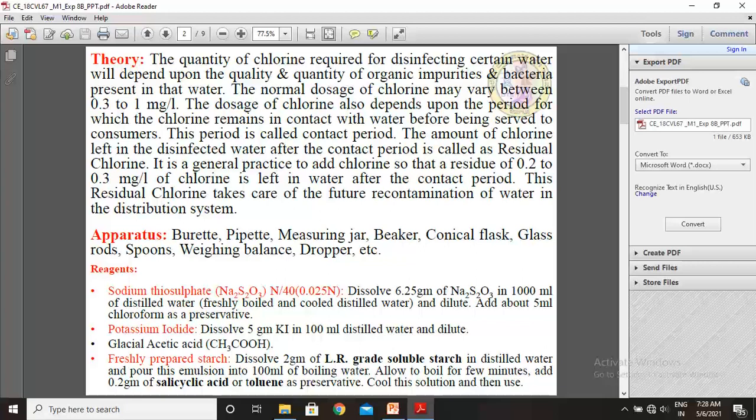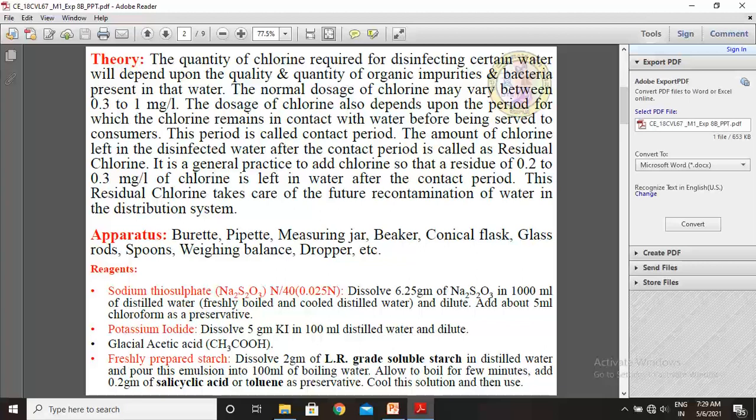Dissolve 6.25 gram of sodium thiosulfate in 1000 ml of distilled water, that is freshly boiled and cooled distilled water, and dilute. Add about 5 ml chloroform as a preservative. Then we are getting sodium thiosulfate 0.025 normality.